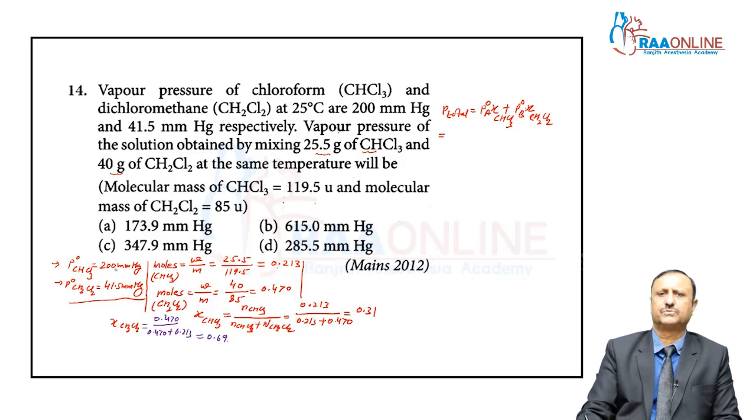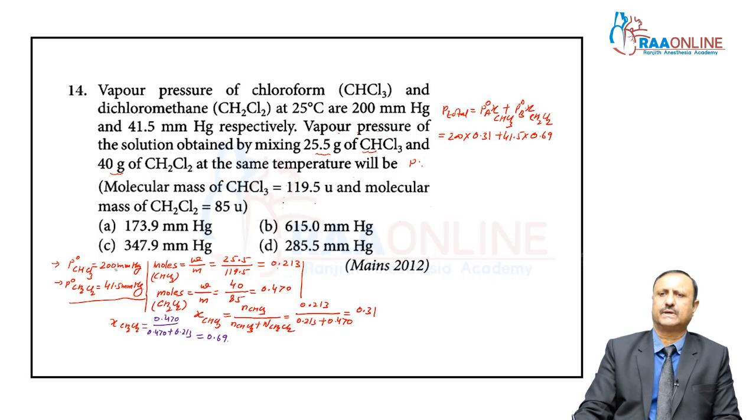the vapor pressure of the solution. So P0A, that is 200, multiplied by X chloroform, 0.31, plus P0V for CH2Cl2, that is 41.5, multiplied by X CH2Cl2, that is 0.69.